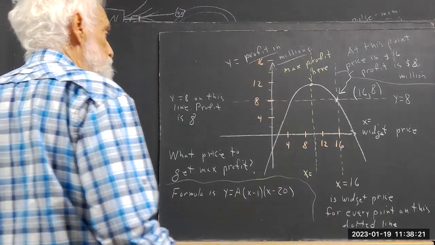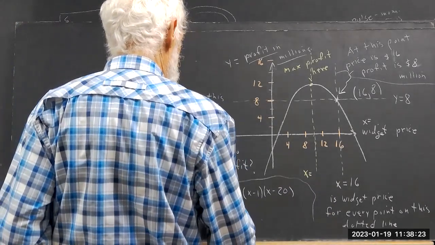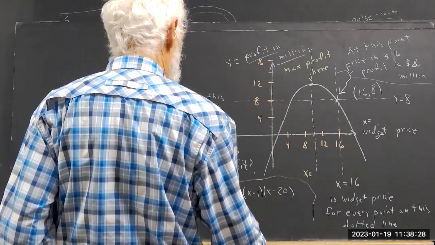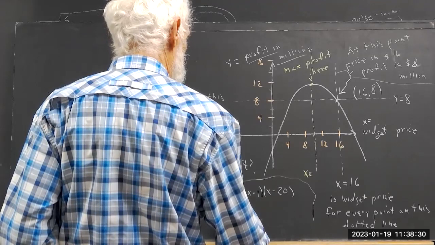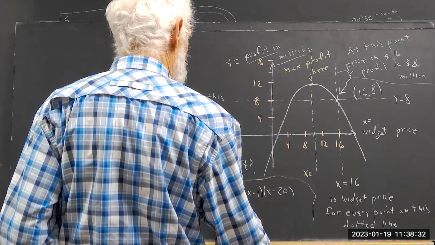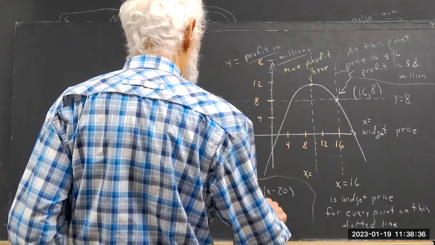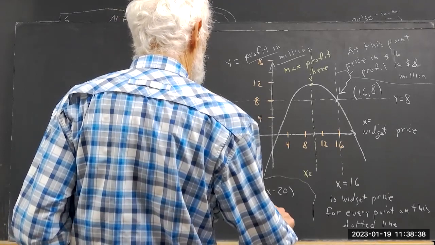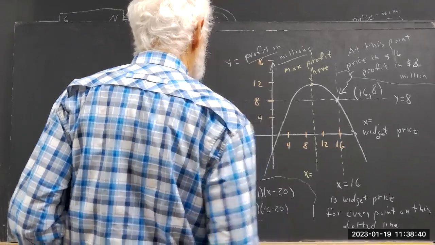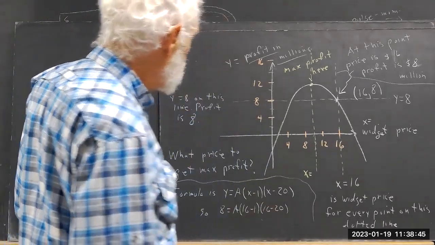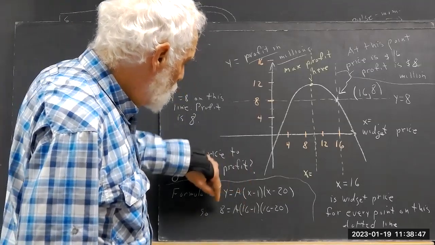And also, A equals A times 16 minus 1 times 16 minus 20, because if x is 16, y has to be 8.